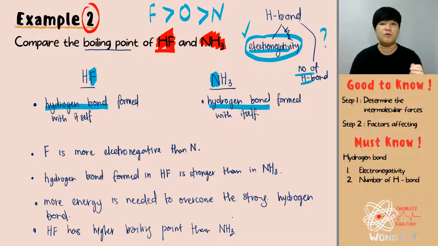As simple as that. Easy? That is how we compare the boiling point between the compounds. In here, we are talking about the electronegativity between fluorine and nitrogen. The higher the electronegativity, the higher the boiling point, because the stronger the hydrogen bond will be.